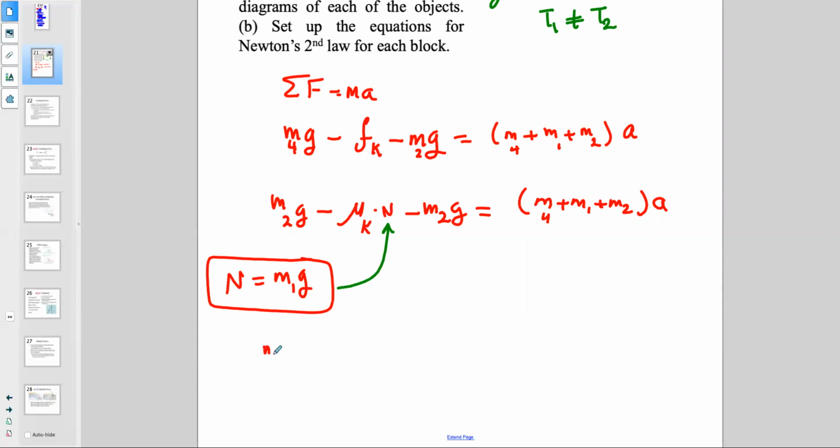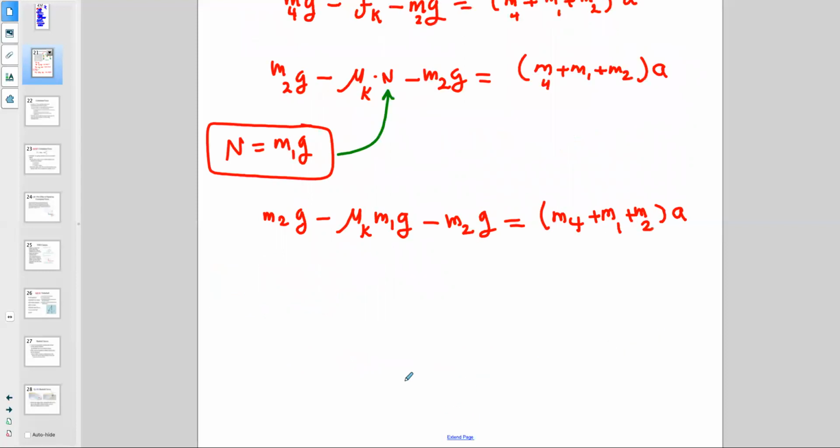So I have m2g minus mu k m1g minus m2g equals m4 plus m1 plus m2 times a. So if that's the case, now let's put some numbers in. M2 is 4 kilo.